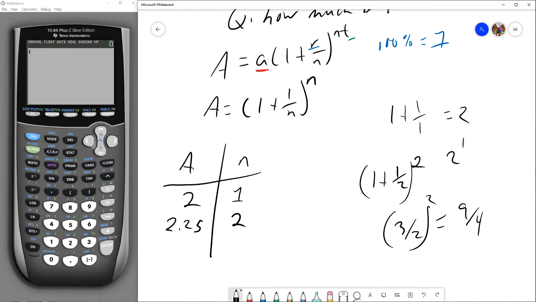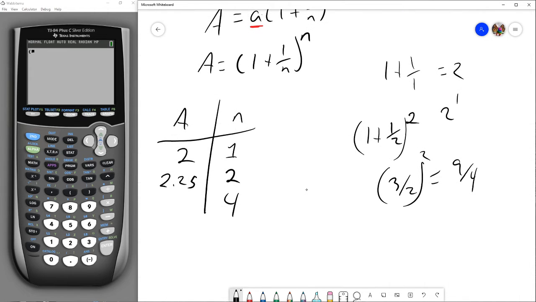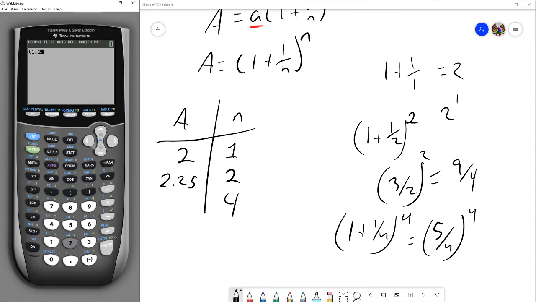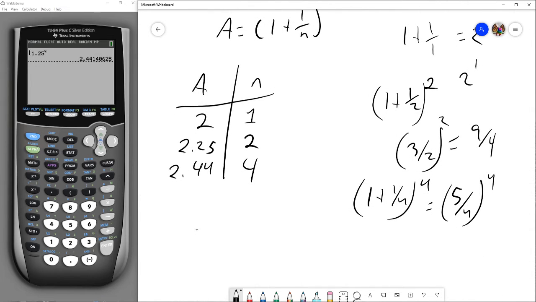Ooh, yeah. Quarterly. That is 1 plus 1/4 to the 4th. Okay. So 5/4 to the 4th. And let's just figure that out. 1.25 to the 4th. Okay. So that is 2.44. All right, so we're still making money.